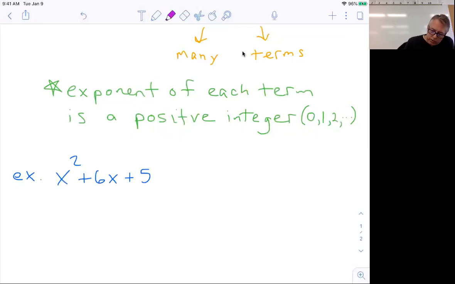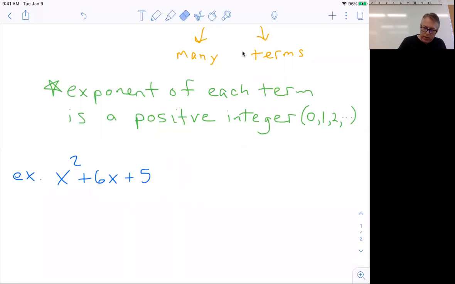The exponents are 2, 1 for x to the first, and actually this is 5x to the 0 power. When you just write a constant, it is times x to the 0, because remember, anything to the 0 is equal to 1. So 2 is an integer, 1 is an integer, 0 is a positive integer. That makes it a polynomial.